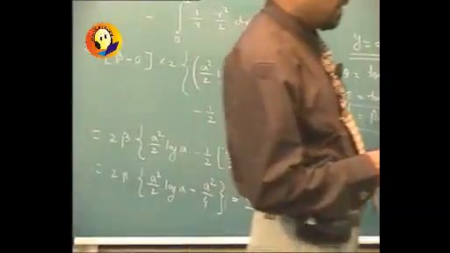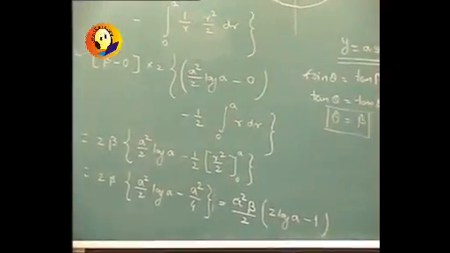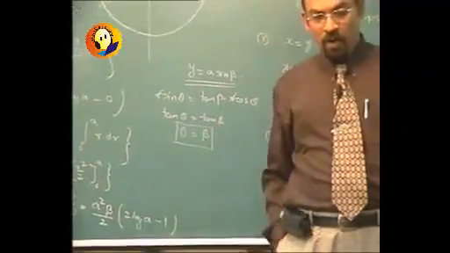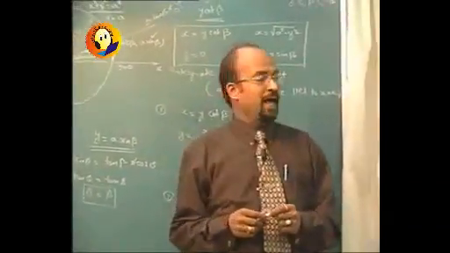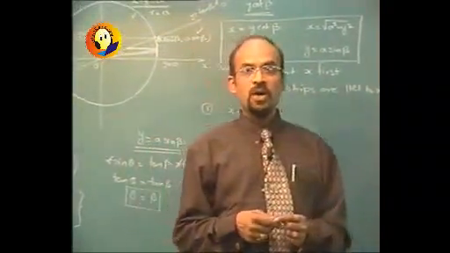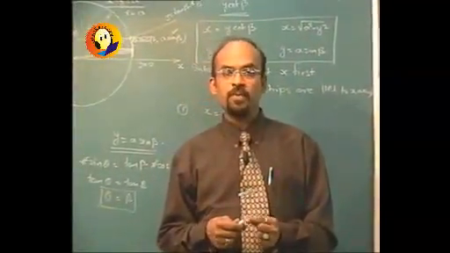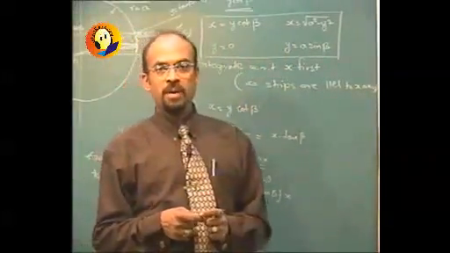If we just recall the entire procedure, when we started with the solution, we had the four curves as x equal to y cot beta to x equal to under root a square minus y square, and then y equal to 0 to y equal to a sin beta.